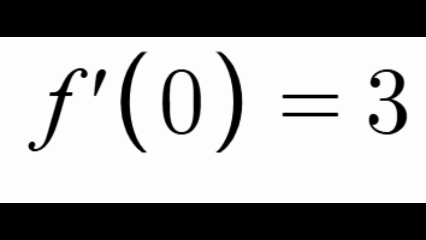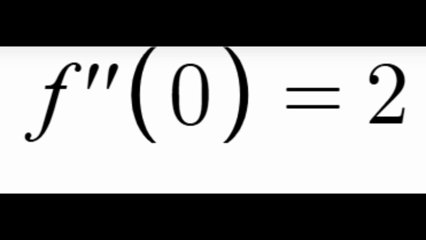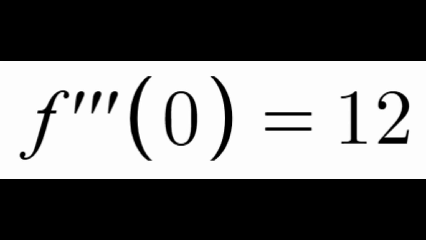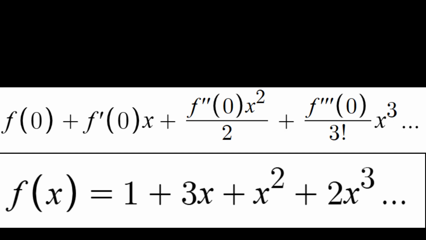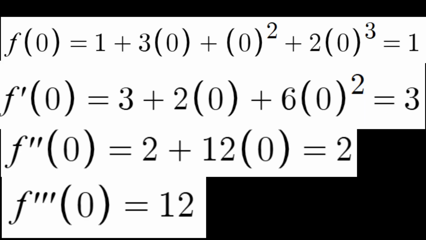For example, if our function f of x looks like this, f of 0 equals 1, f prime of 0 equals 3, f double prime of 0 equals 2, and f triple prime of 0 equals 12, and so on, we can assemble this function, 1 plus 3x plus x squared plus 2x cubed, and so on, which represents f of x as when we evaluate it and its derivative at 0, it has the same derivatives.